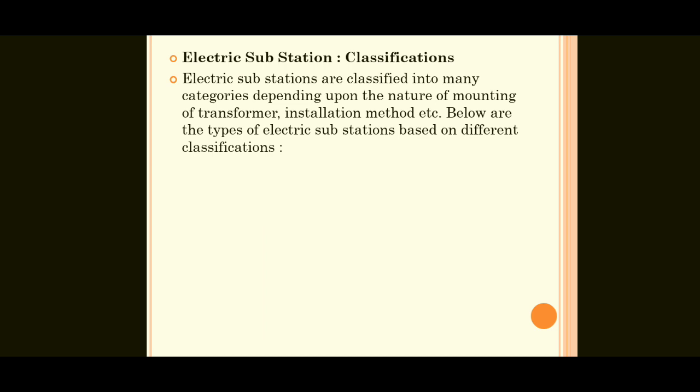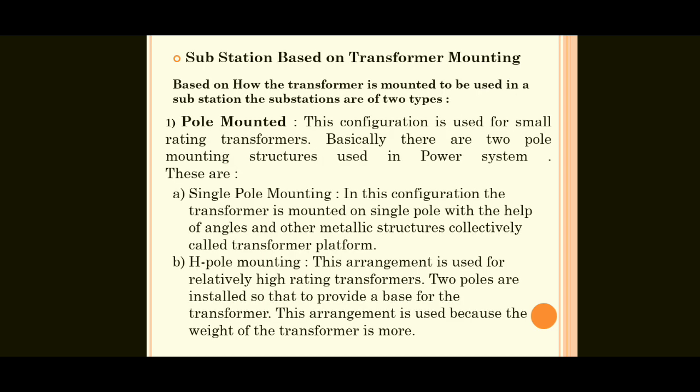Nature of mounting of transformer: one is pole mounted and second one is plinth mounted. In pole mounted, small rating transformers are used, whereas in plinth mounted, large rating transformers are used.